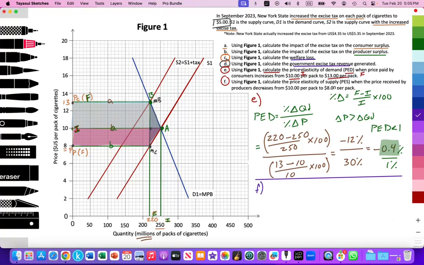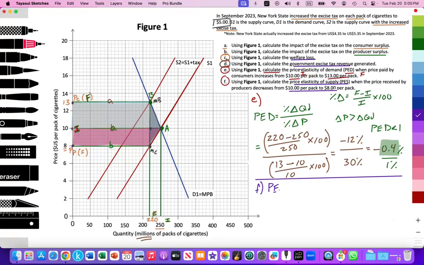Let's calculate the PES value, when the price received by producers falls from 10 to 8. So we're going from 10, that's the initial, to a final of $8. What's the formula for PES? You should know this.